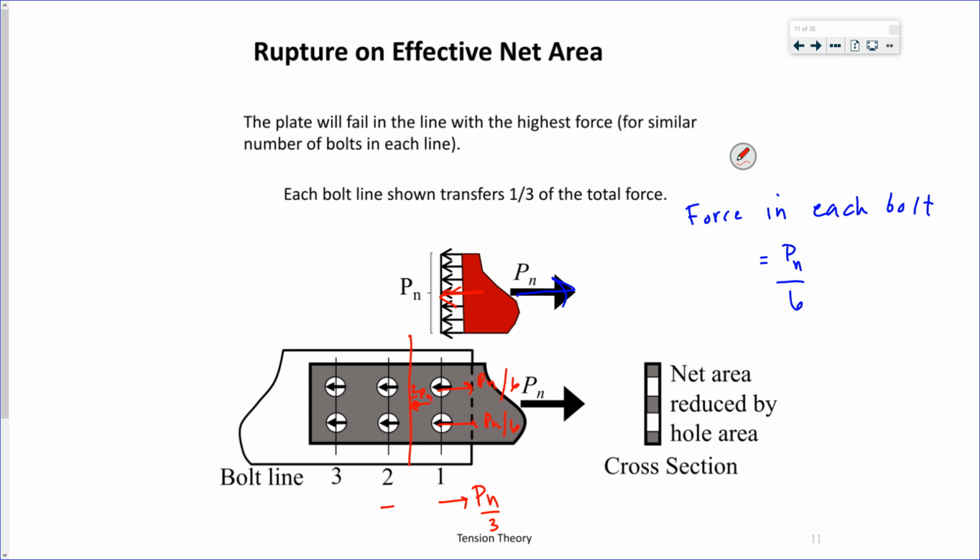Now acting this way at bolt line 2 is Pn over 3. So if I look at the plate here, 2/3 Pn minus Pn over 3, now Pn over 3 is the force in the plate.